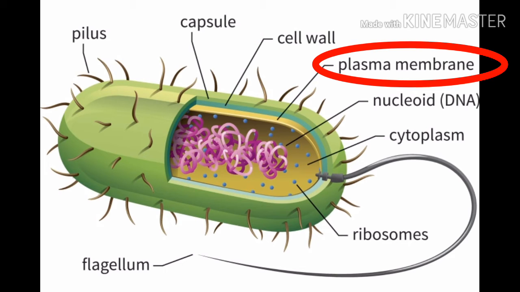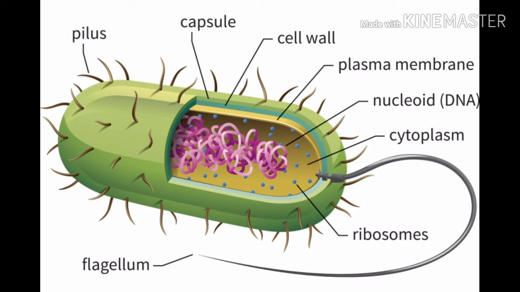The cell membrane or the plasma membrane of a prokaryotic cell is pretty much exactly the same as what the eukaryotic cell has. To recall, the cell membrane surrounds the cell's cytoplasm and regulates the flow of substances in and out of the cell. We have here the cytoplasm.